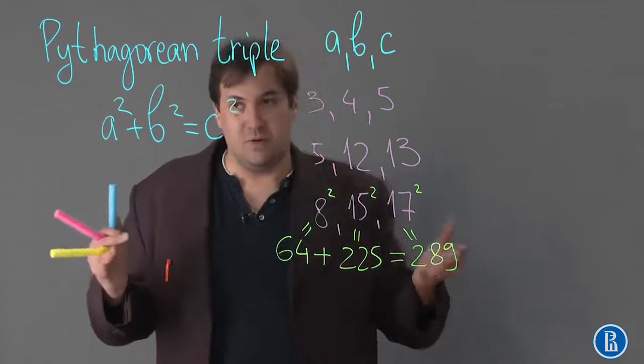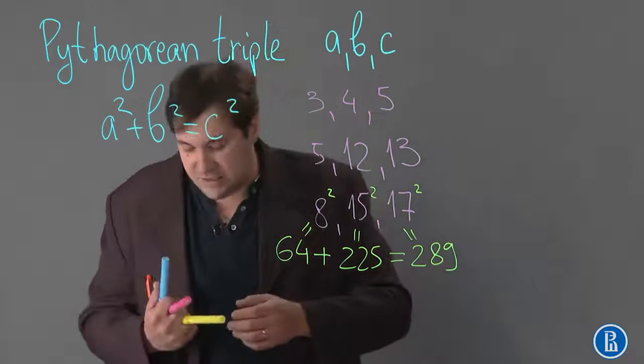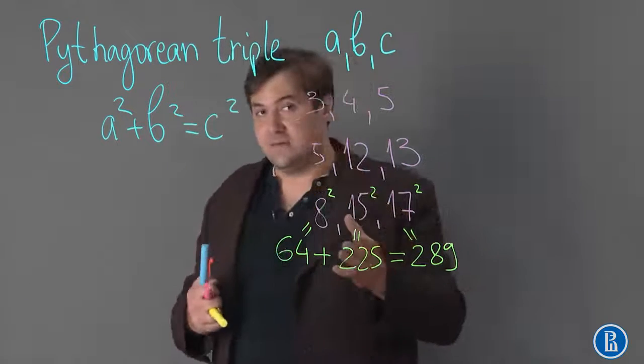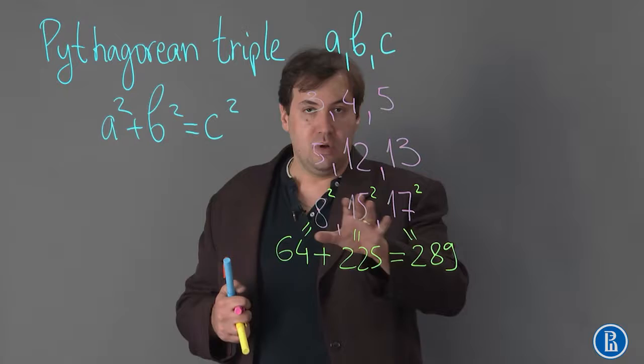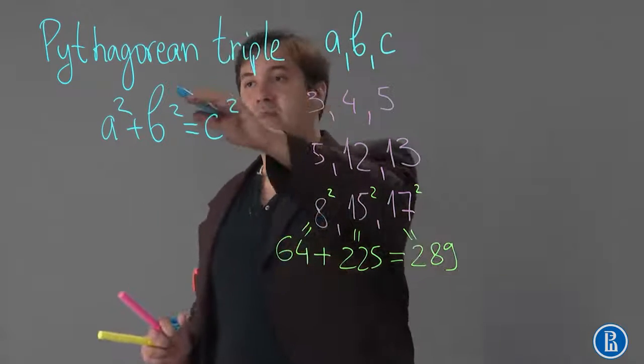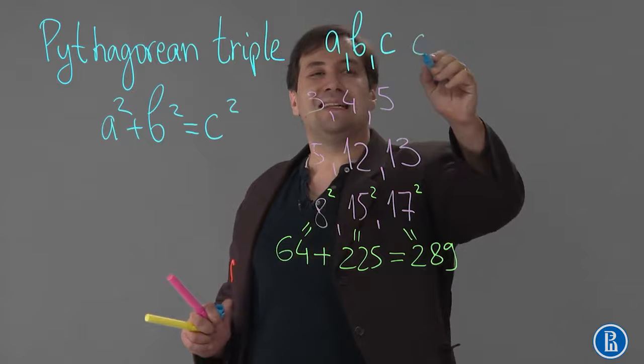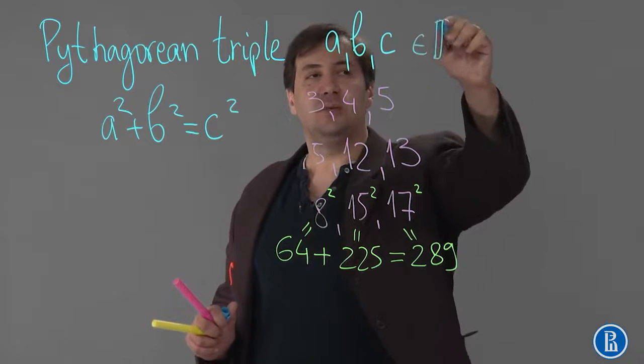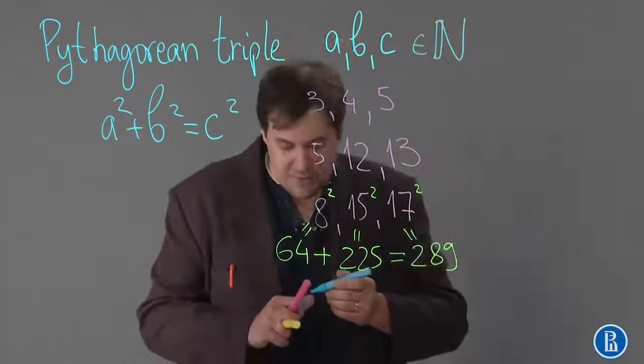Is there a formula for Pythagorean triples? It turns out that there is a formula that describes all Pythagorean triples. I remind you that we call a Pythagorean triple only a set of positive integers, which means natural numbers.